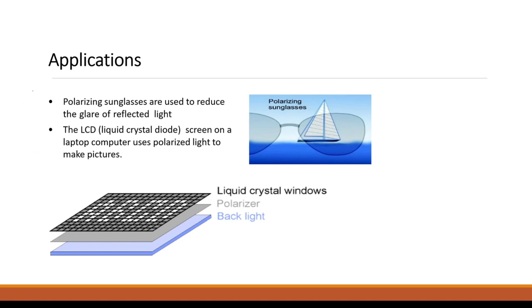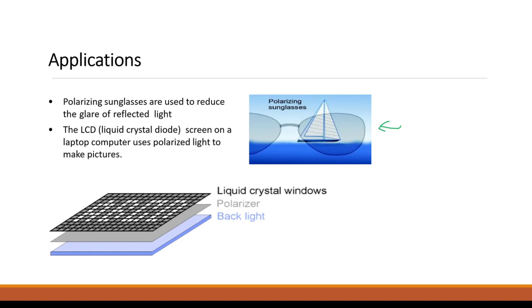So the idea of polarizing waves, and specifically polarizing light, is very useful in everyday life. We've already covered that polarizing sunglasses are used to reduce the glare of reflected light by using vertical filters to filter out mostly horizontally polarized glare, just like from a body of water here, for example. Very useful.